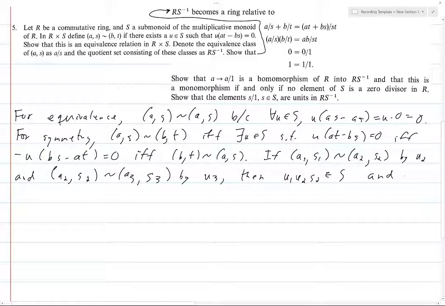What happens when we multiply U1 U2 S2 by A1 S3 minus A3 S1? We want this to be 0.